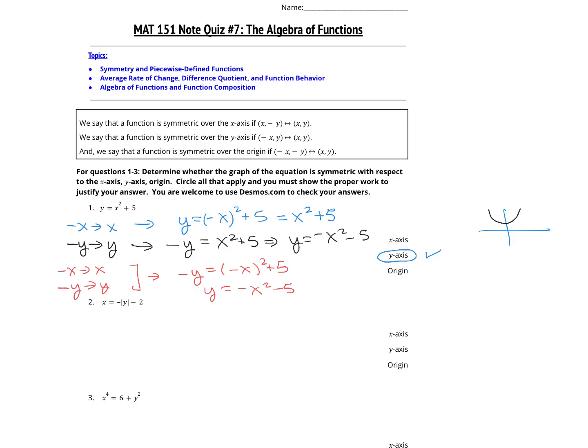All right, for the next problem, let's take a look at x is equal to the negative absolute value of y minus 2. First, let's go through and do these in order this time. So let's do the negative y in place of y.